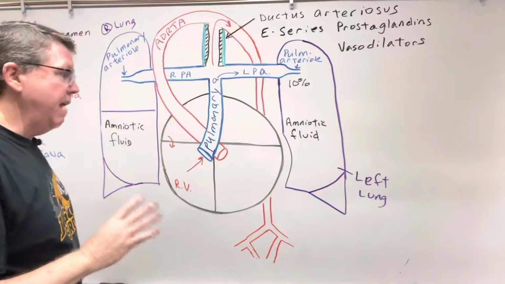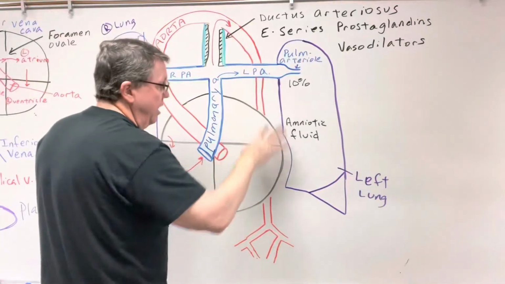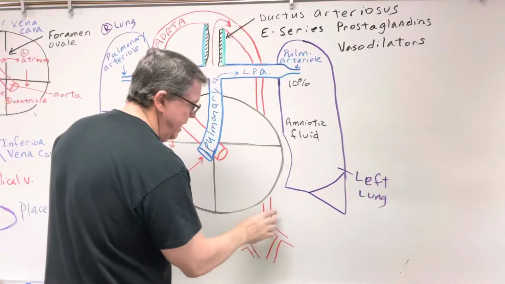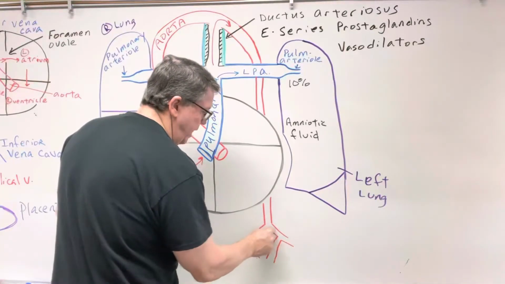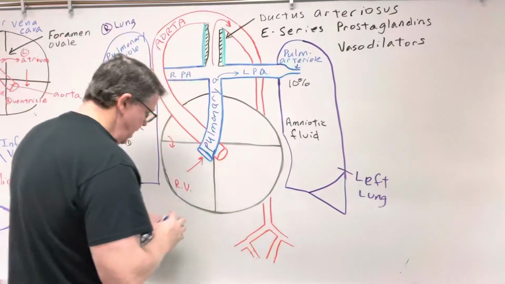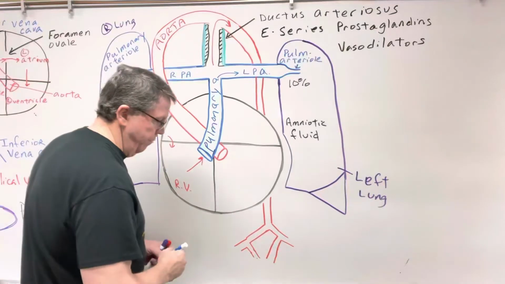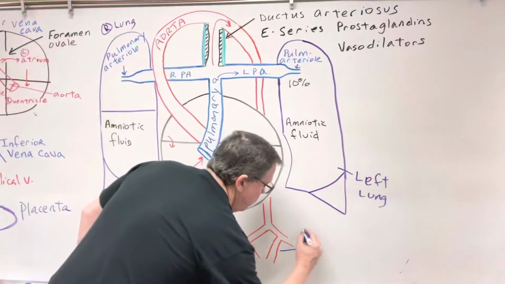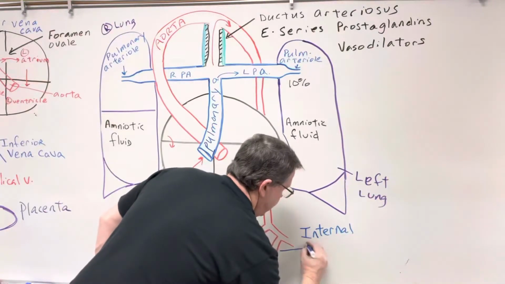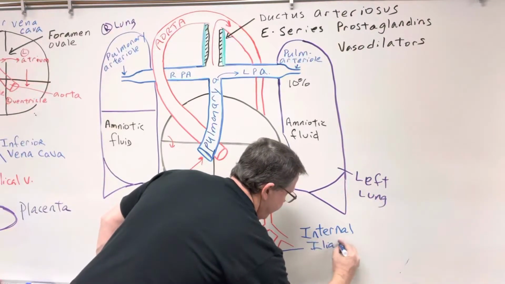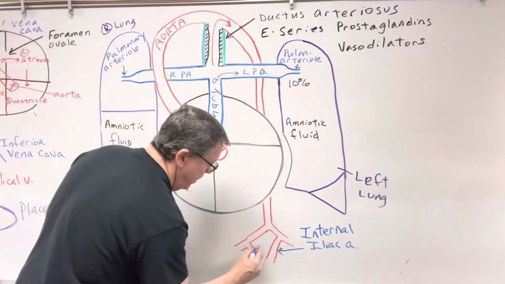So now, after the baby is born, before we go into that, here's the one other thing that happens. This is also in the body, right? And this is going to be down in the pelvic region. This would be my abdominal aorta. It's going to split into my iliac arteries, and then the iliac arteries are going to split into two more arteries. They're going to split into what we call the internal iliac artery. So I have an internal iliac artery right here, and I have another internal iliac artery right here.